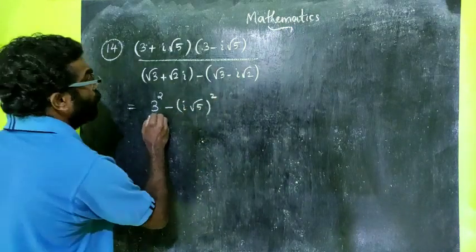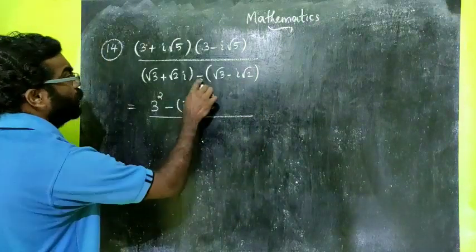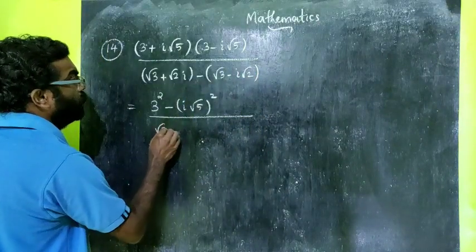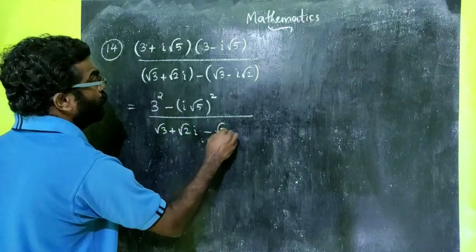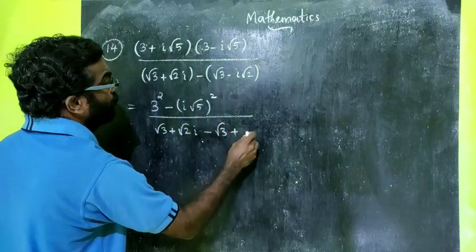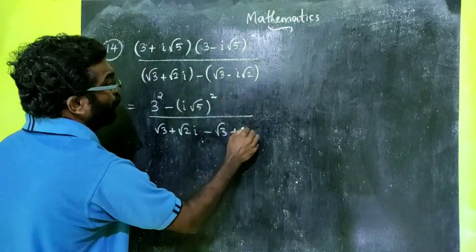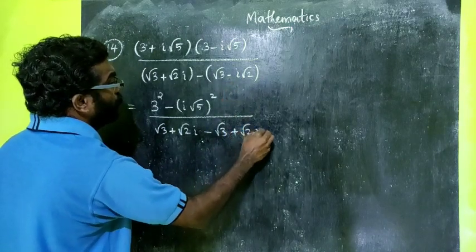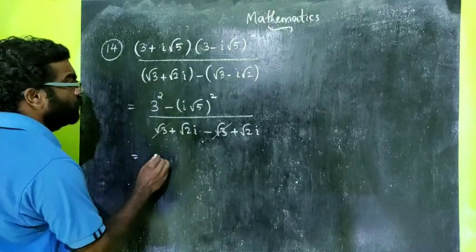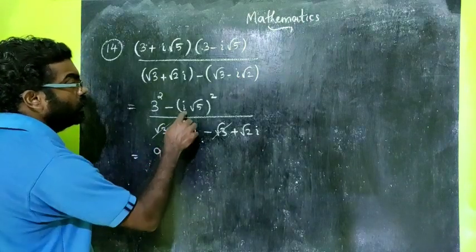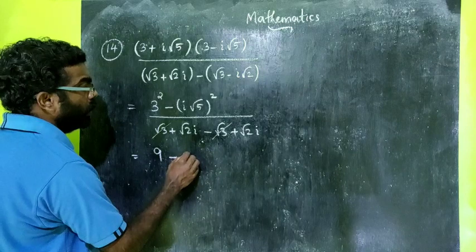Clear? Divided by, here we can remove the bracket, root 3 plus root 2i, then minus root 3, minus into minus plus i root 2, that is root 2i. Here root 3 and minus root 3 we can cancel. 3 square is 9 minus i square is minus 1.